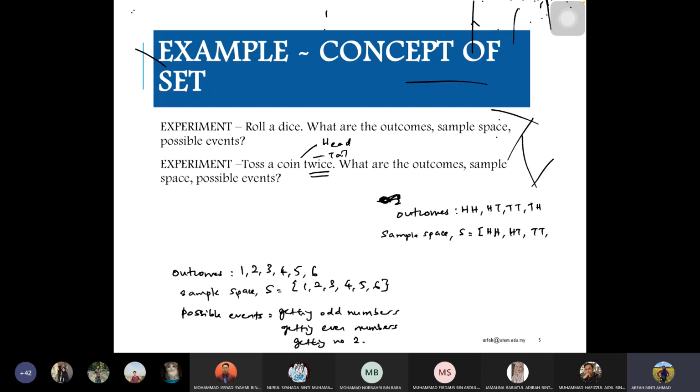And possible events, list down all the possible events, that is maybe no tail obtained. Okay. Atau getting 2 heads. Atau getting 1 tail, 1 head, for example. Okay.